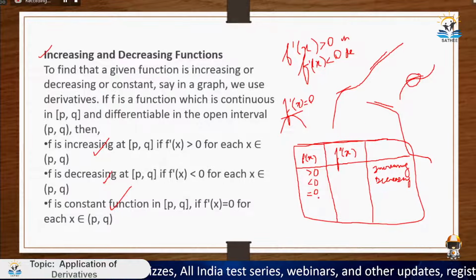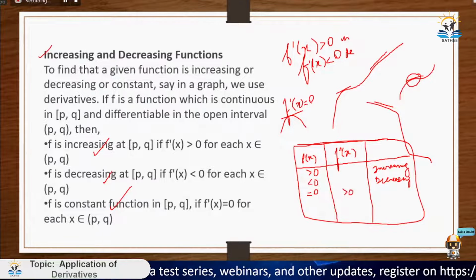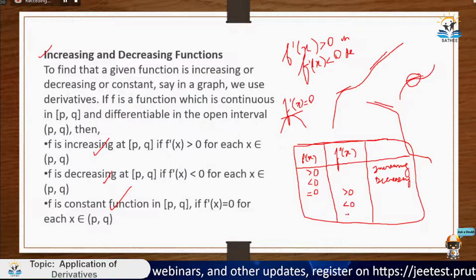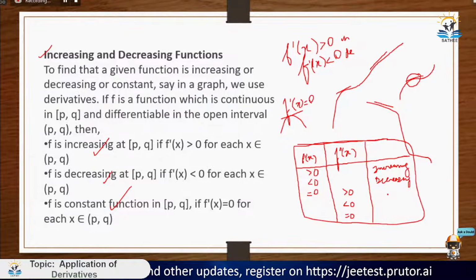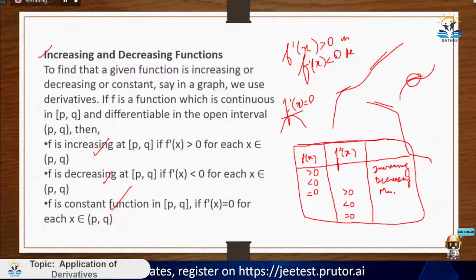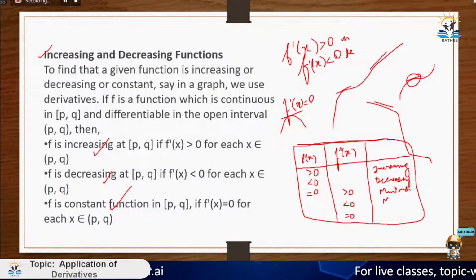So equal to 0 also comprises three cases: when f double dash x is greater than 0, when it is less than 0, and when it is equal to 0. If it is greater than 0, then I am getting a minima. If it is less than 0, then I am getting a maxima.